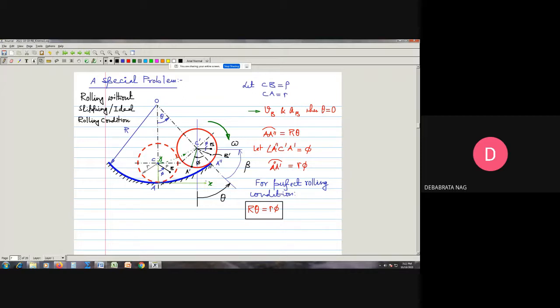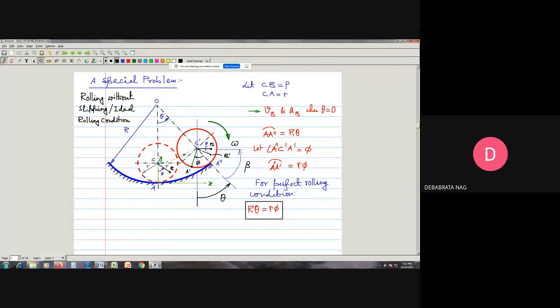Now, while it goes in this manner, what will be the angular velocity of this body? Because it not only has translational motion, it also has rotational motion. We note that with respect to this initial line, the angular velocity is generally measured by calculating the orientation change of the body.